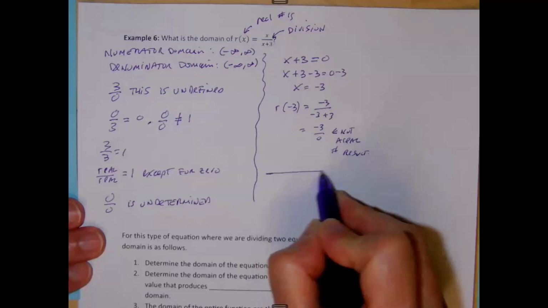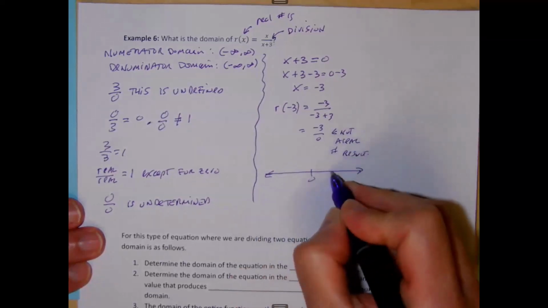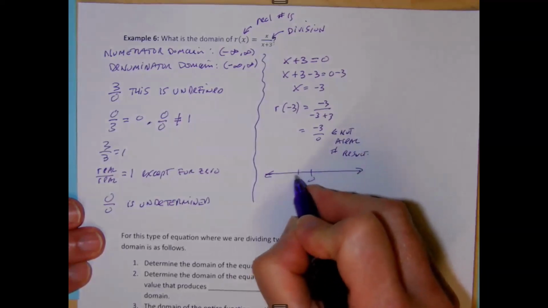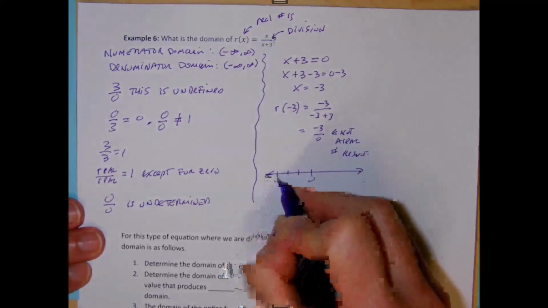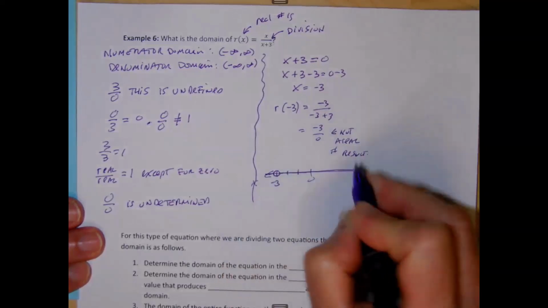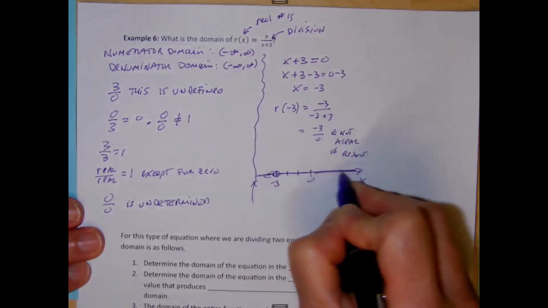Everything else is fine. If I draw a number line, we have 0 here, that's great, and we have a problem right at -3. So -3 is the only exclusion.